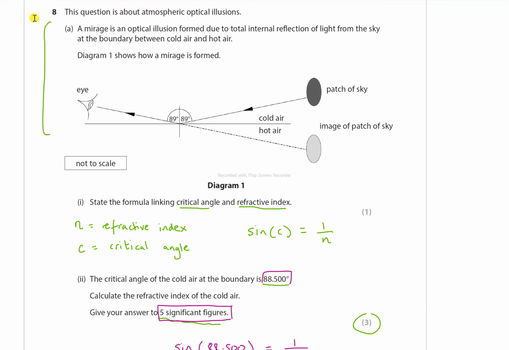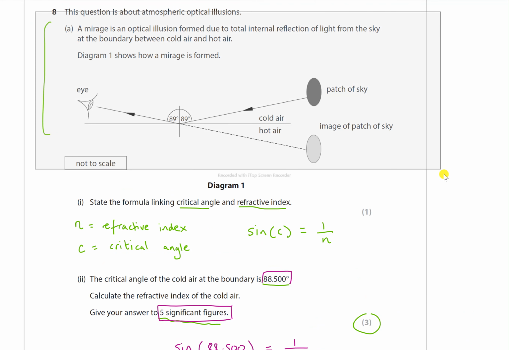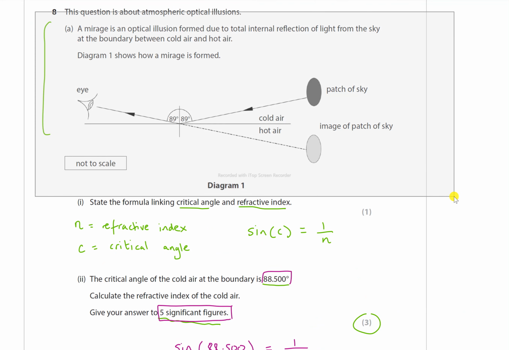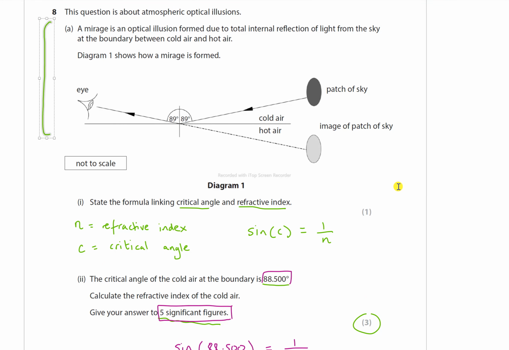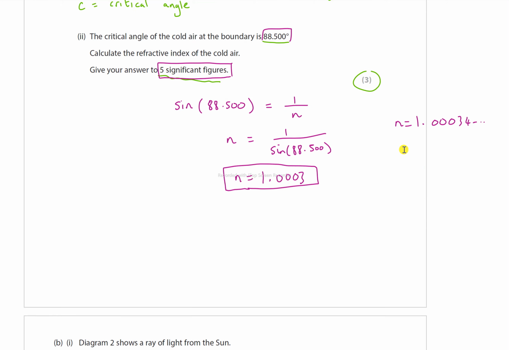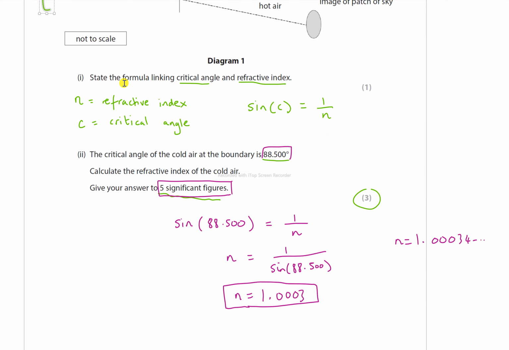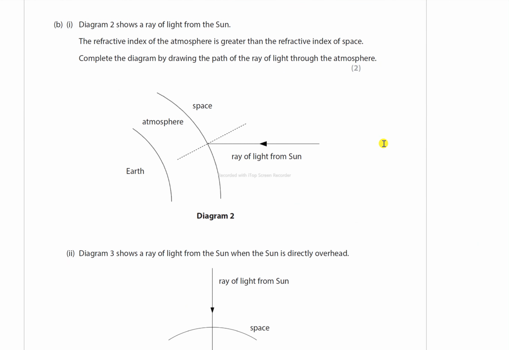You've got to be careful that you don't get put off by just looking at it. That looks scary. But this is a simple maths question really, just rearranging and substituting.